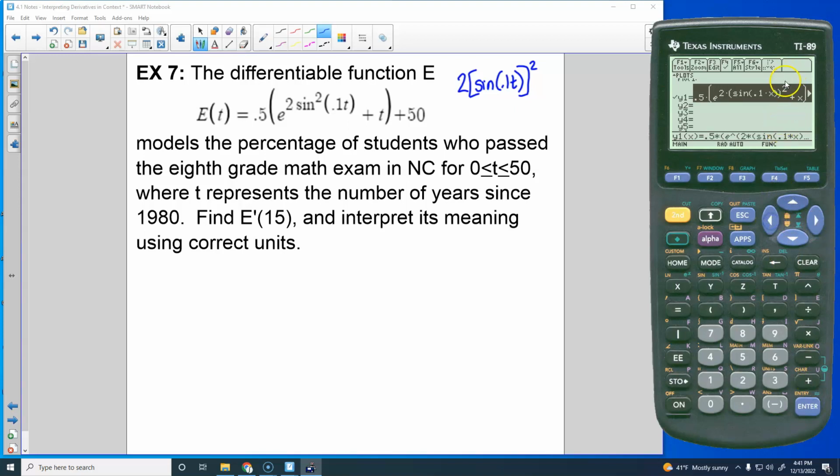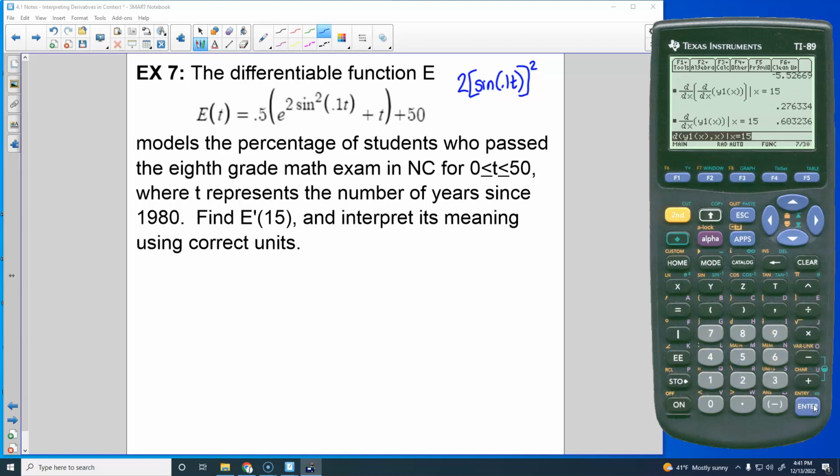The calculator won't put that square right here for us like we'd like to see it, but I think everything looks good there. So if we want to find the derivative, since I've got that in y1, I want to just take the derivative of y1 of x, comma x, close my parentheses. I don't care about actually writing down what it is. They only ask me for e prime of 15. So I'm just going to go ahead and do such that x equals 15.